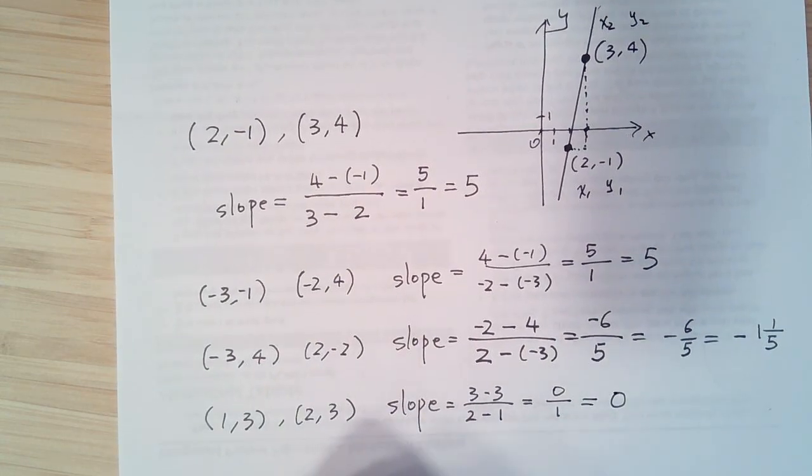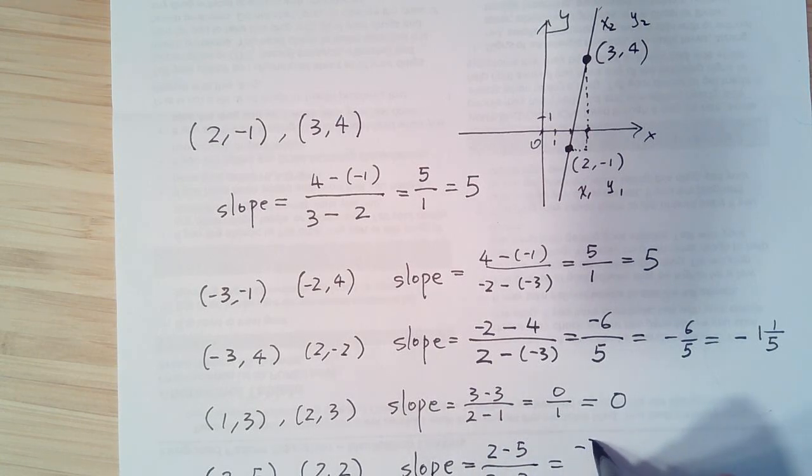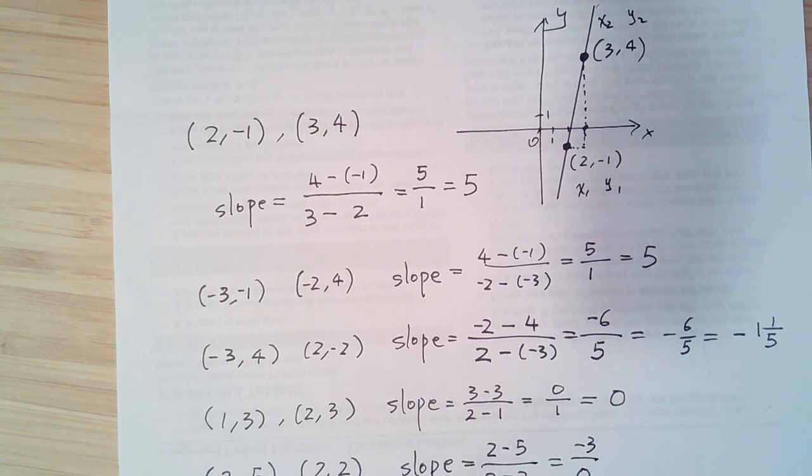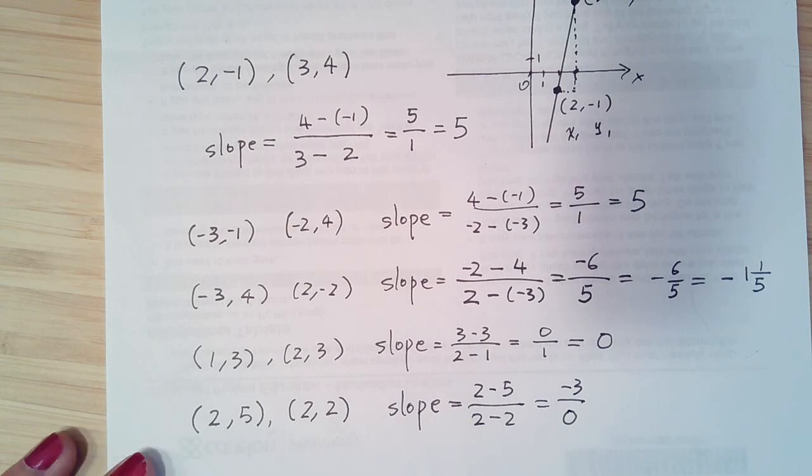Okay. Next one. What is the slope of the line that passes through (2, 5) and (2, 2)? So the slope equals 2 minus 5. That's the top. Denominator 2 minus 2. Wait a second. You are in trouble. Remember, anytime you have a 0 in the denominator, you're in trouble.